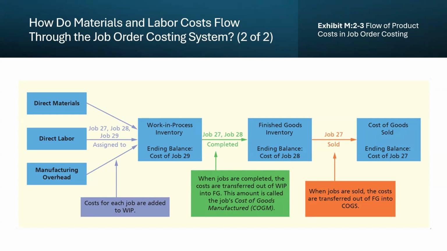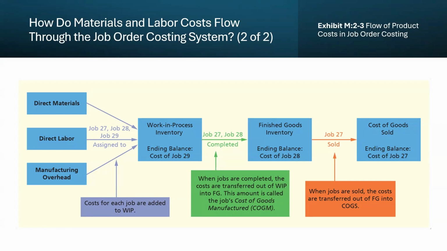So once a job is finished, the total costs are transferred from WIP, or work in process, to finished goods inventory. Now, the transferred costs are referred to as the cost of goods manufactured, which is the COGM.